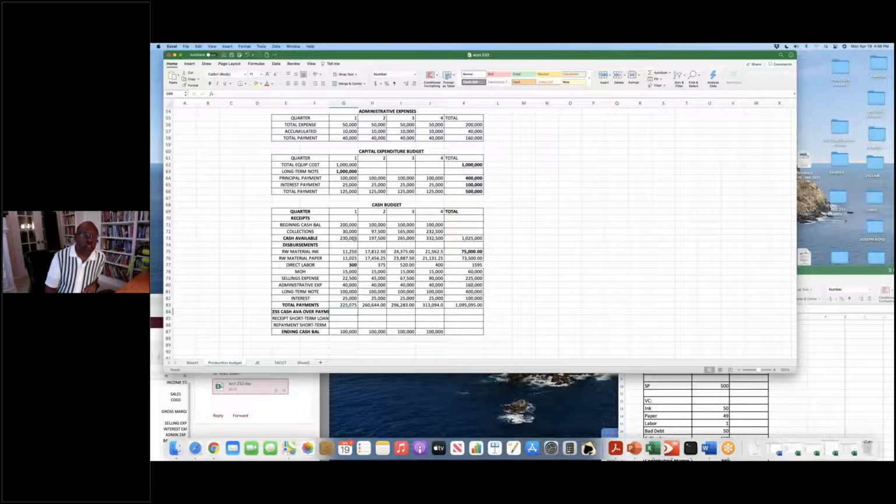You had available 230. And how much do you have? 4,925. You need to pay 225. Right. So if you would just take 230,000 minus 225, how much is that? 4,925.